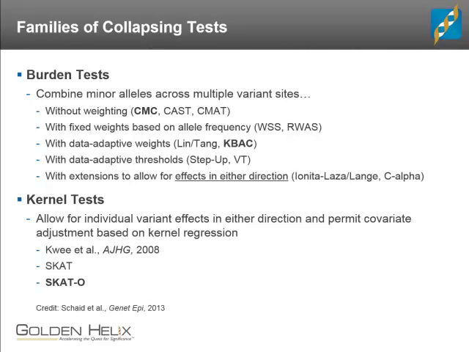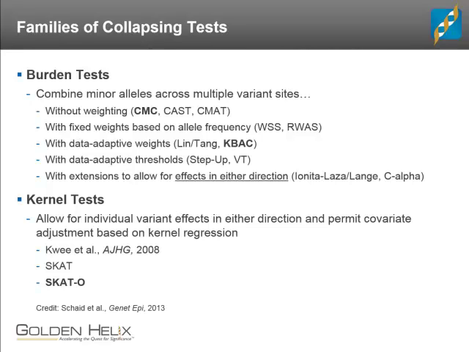Burden tests, simply put, combine all of the minor alleles across multiple variant sites, and there are different subcategories there. There are burden tests that operate without weighting. This includes the CMC test, which is in SVS, and we'll talk more about it in a few minutes. There are other burden tests that apply fixed weights that are based on allele frequency.